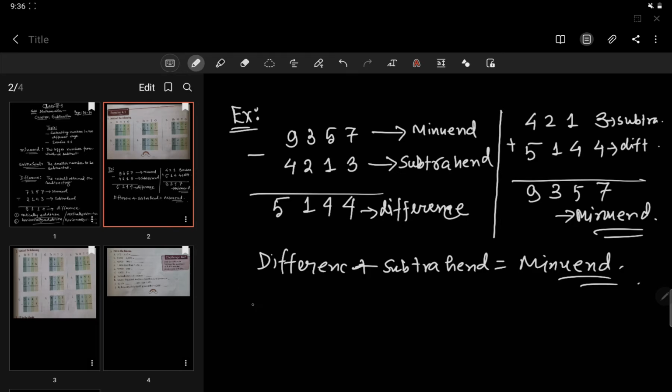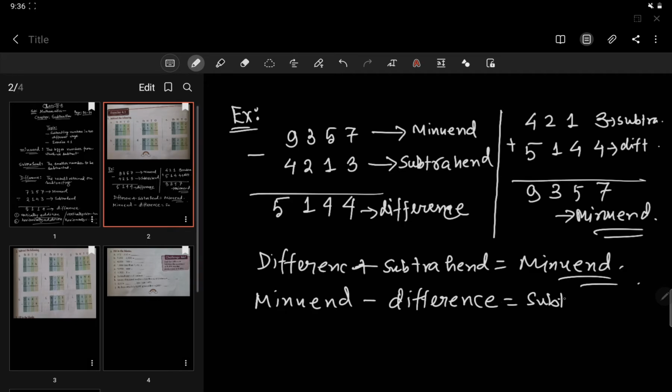Okay, and if you do minuend minus difference, you will get the subtrahend. If you subtract the difference from the minuend, you will get the subtrahend.